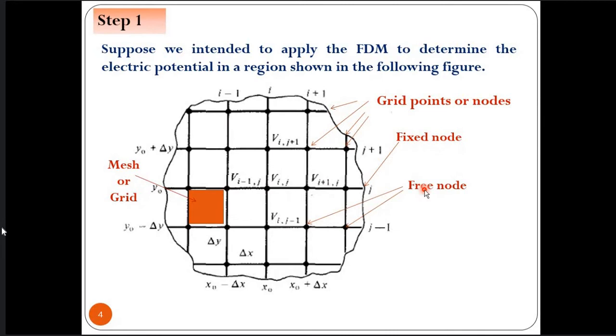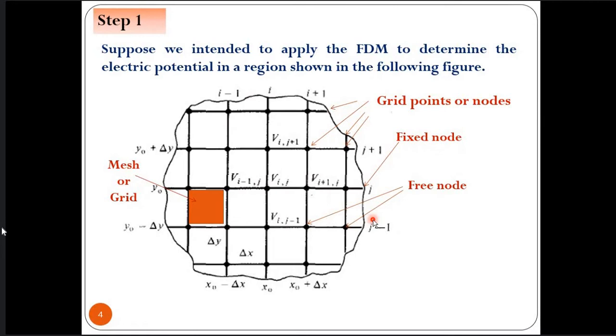So it represents the jth line, it represents the ith line, it is i plus 1, it is i minus 1. That's why it is Vi plus 1,j, Vi minus 1,j. Similarly, it is the jth line, the variable along the y-axis, so it will be j plus 1 and j minus 1.